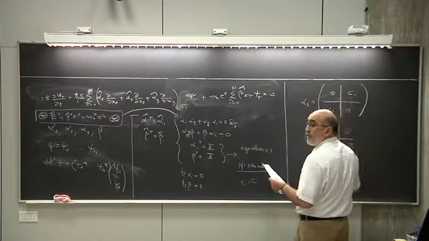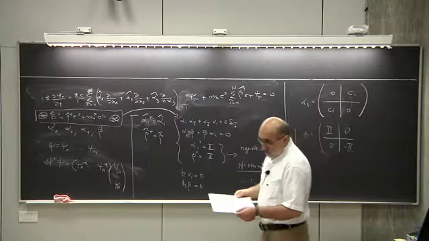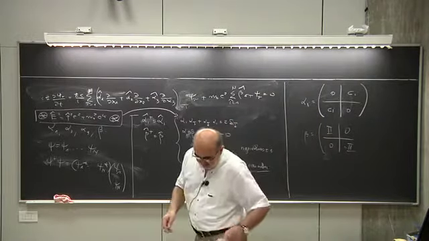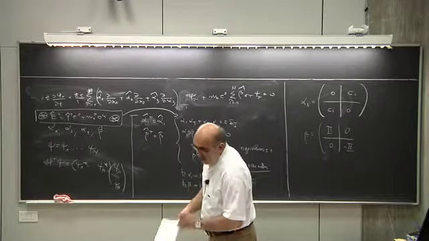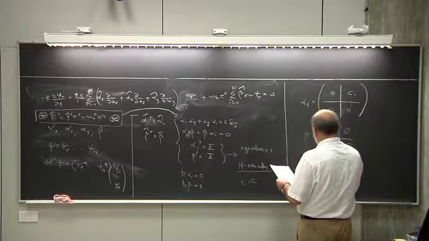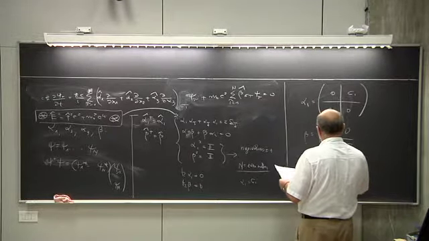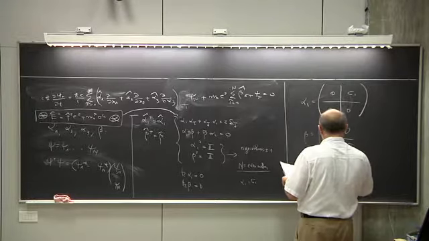These blocks are 2 by 2, and altogether the matrices are 4 by 4. This works because the sigma matrices have the property sigma i sigma j plus sigma j sigma i is equal to 2 delta ij times the identity.